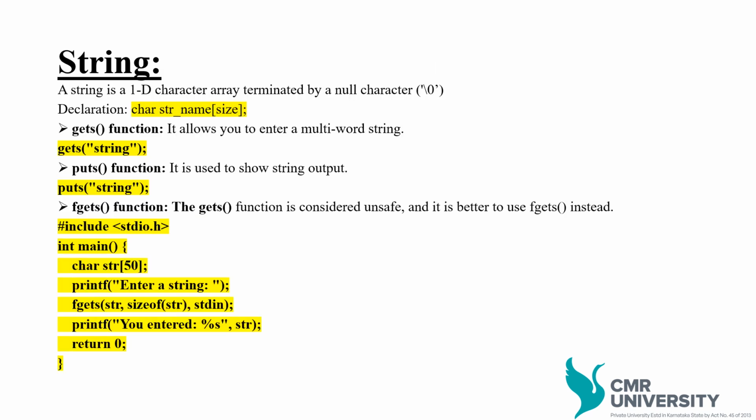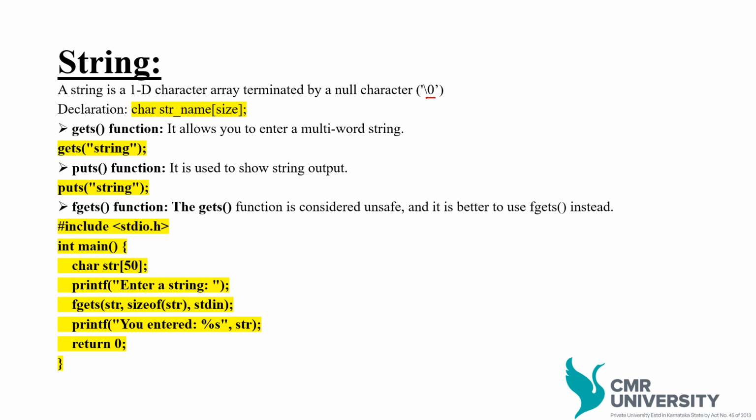And next is string. A string is a one-dimensional character array terminated by a null character. The null character, as we studied, is \0, and the syntax is char followed by the string name and size. We have three functions for strings. One is gets, which allows a programmer to enter a multiple-word string.